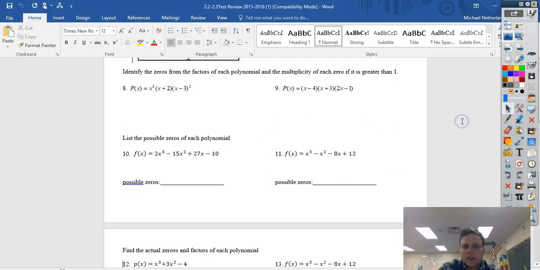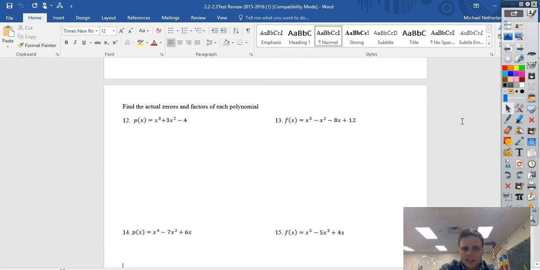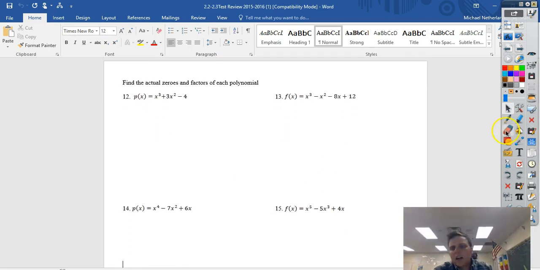Okay, now we're getting to the real doozies of the problems, 12 through 16. Okay, on number 12, I'm going to work it out according to the rational zero theorem. But on the rest, I'm going to show you a shortcut, okay? So, it says find the actual zeros and factors of each polynomial. Alright, so we're going to use what's called the rational zero theorem to do that, okay? We should have 3 zeros total, okay?